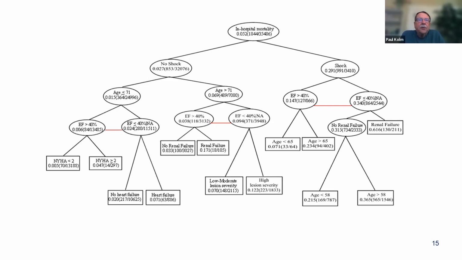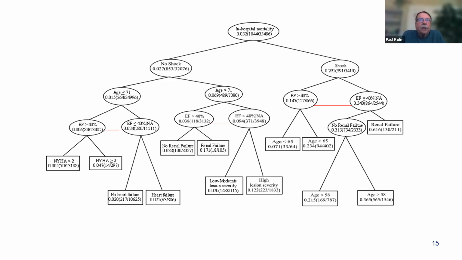Now, there are some interesting things. We keep growing the tree until we find that it's the best prediction that we can get with the number of nodes that we have. You notice a couple of things here.